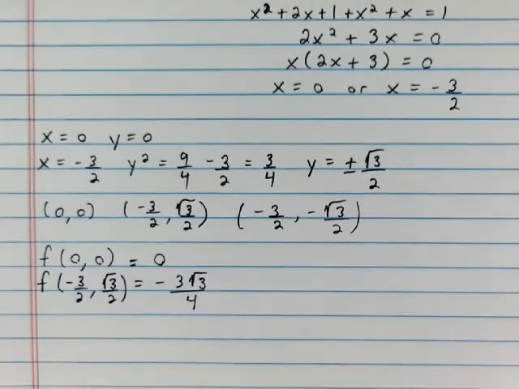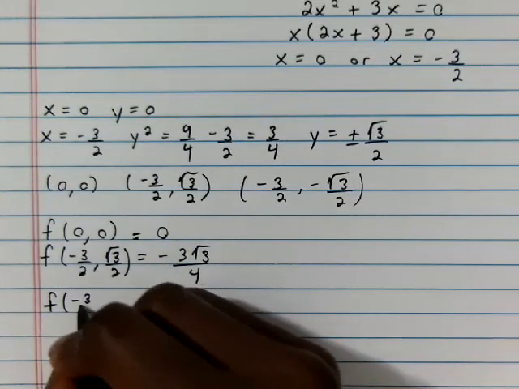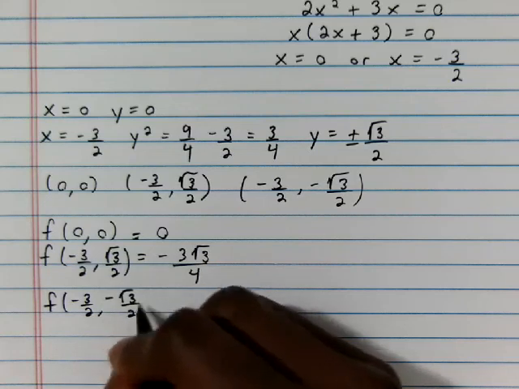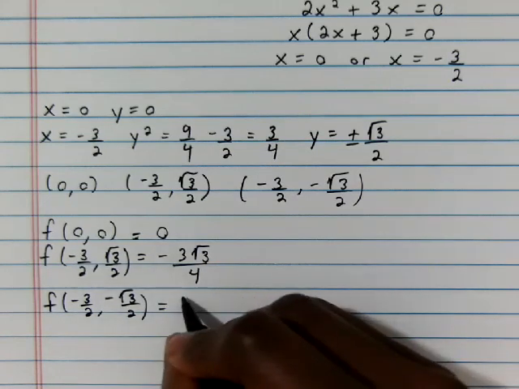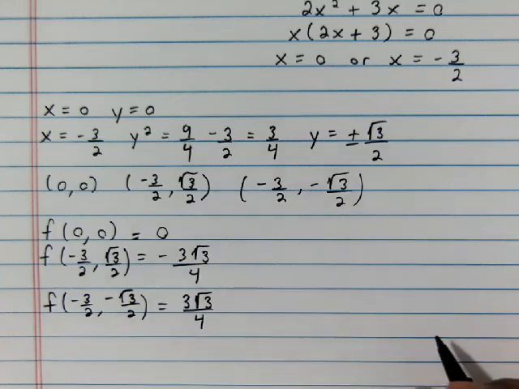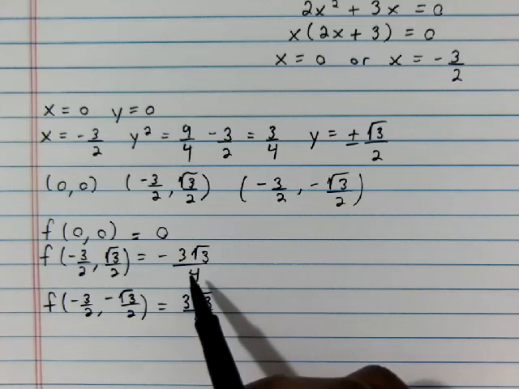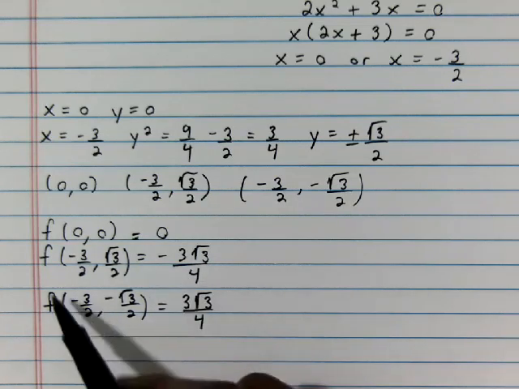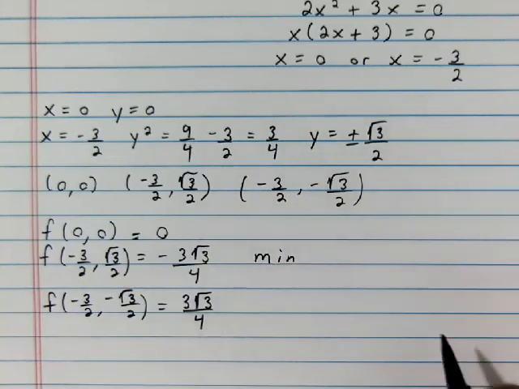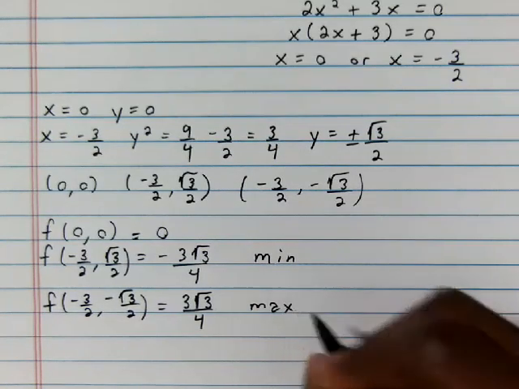And then lastly, f of negative 3 over 2, comma, negative root 3 over 2 is going to give us positive 3 root 3 over 4. So we know that our min subject to this constraint is here, and our max subject to the constraint is there.